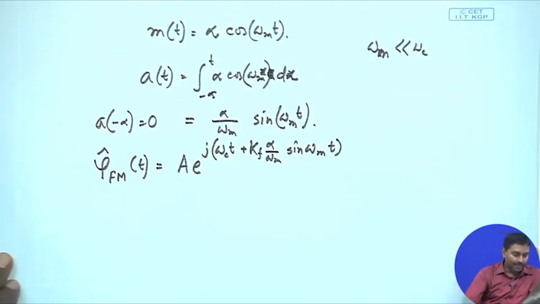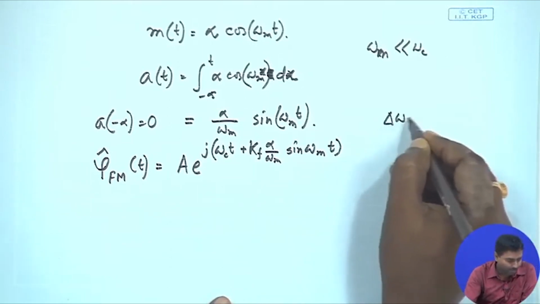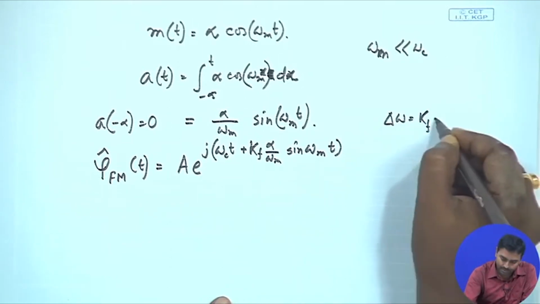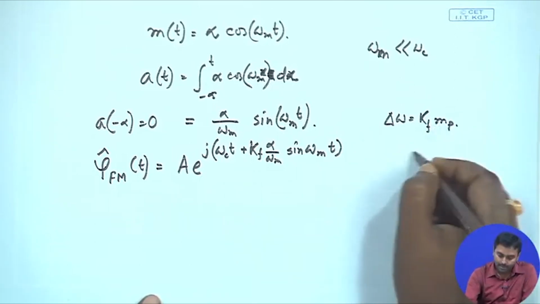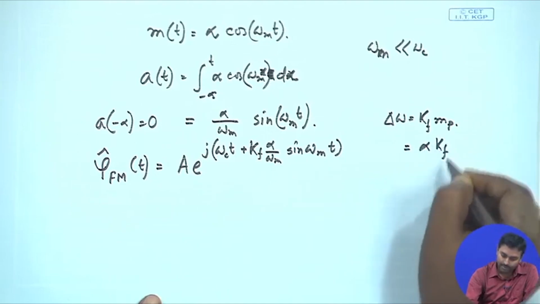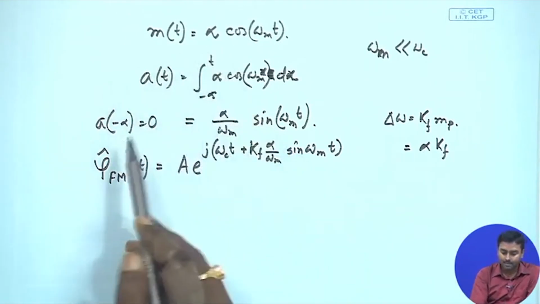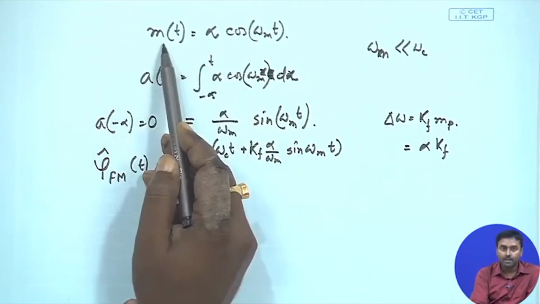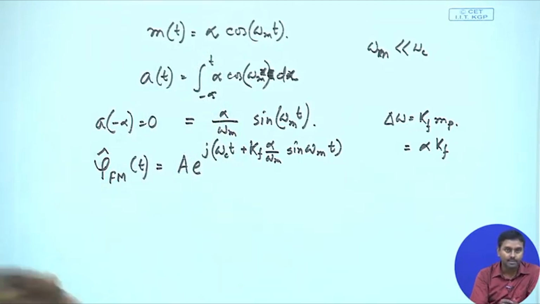Now, I can also write, we have already derived this del omega is actually kf into mp, this is something we have already derived. So, this I can write as alpha into kf, because mp becomes alpha. This is m(t), okay. What is the maximum value of this? That is actually alpha, and minimum value minus mp is just minus alpha.